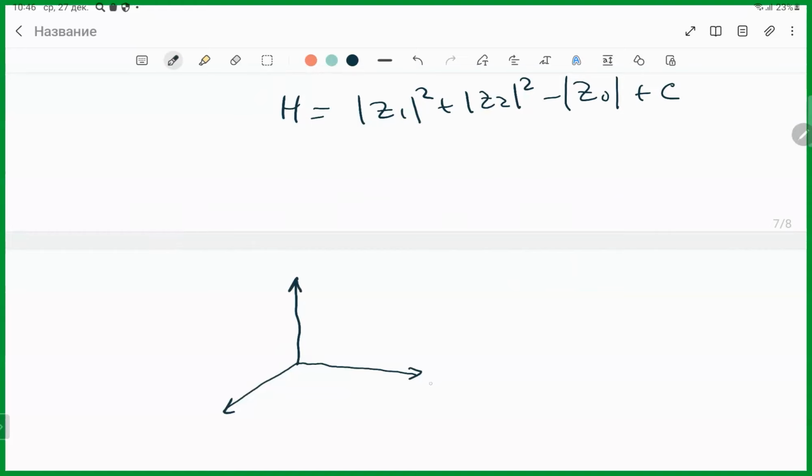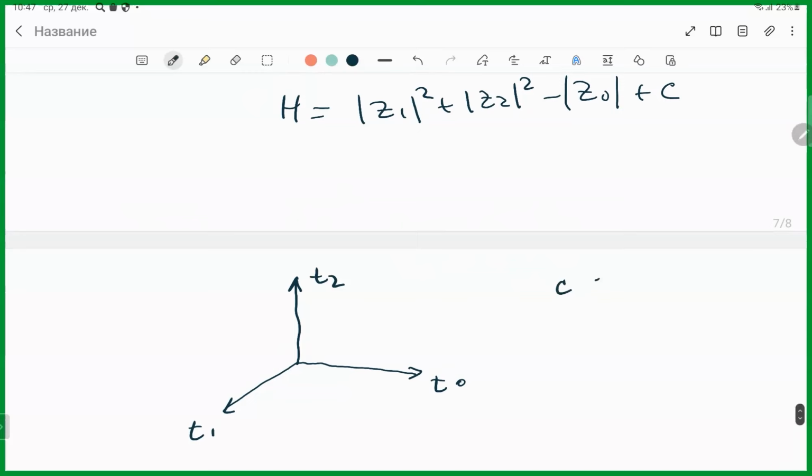So let me put here t0, here t1, here t2.